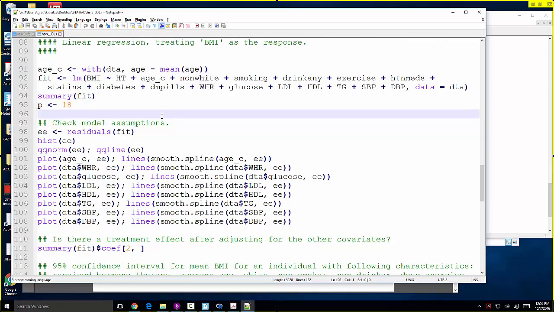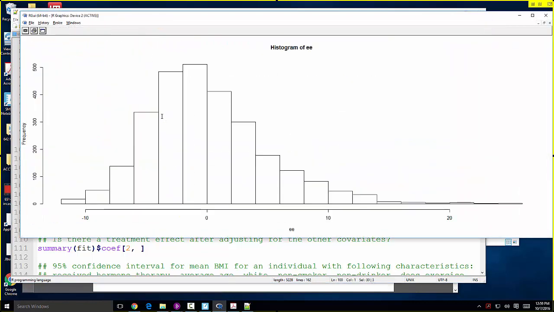I included some code to investigate the assumptions of the model. We generally do that by looking at the residuals of the model. So EE is now the residuals, and we might investigate whether the data look reasonably normal. I could make a histogram of the residuals.